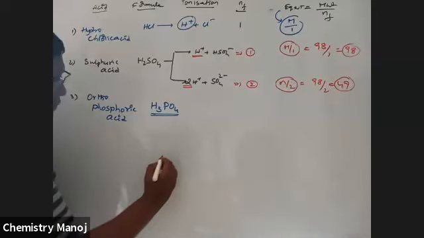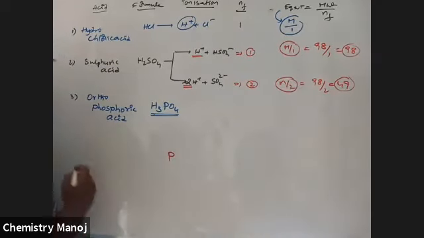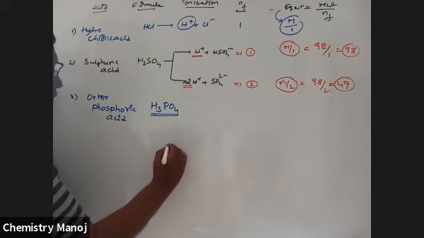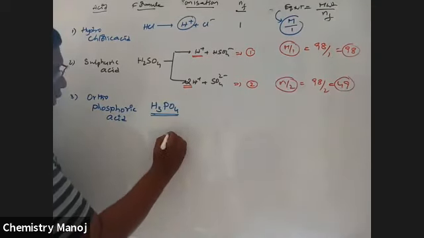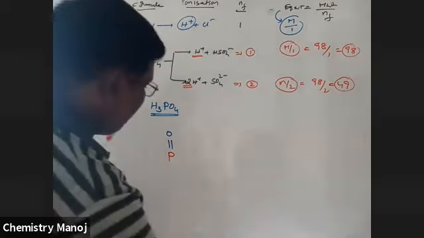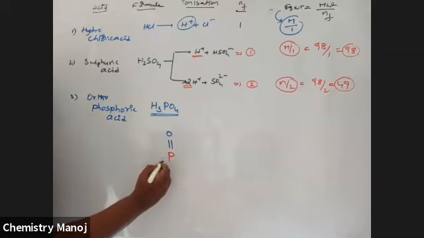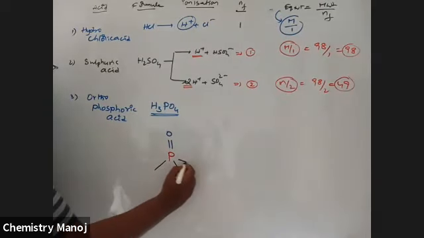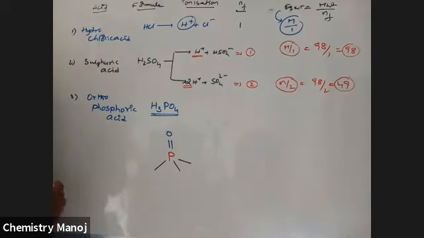listen carefully, the central atom is phosphorus. It is bonded with a double bond to 1 oxygen. Phosphorus can form 5 bonds in total.